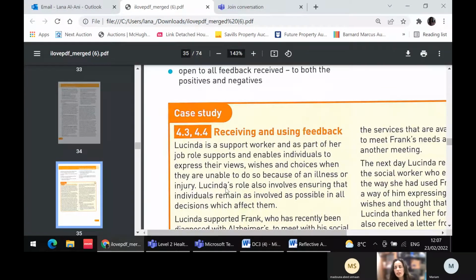I say I am working as a carer for one of the ladies who is called Leticia or Linda, or any person you want to care for, and just start talking about how she needed support to go, for example, shopping.